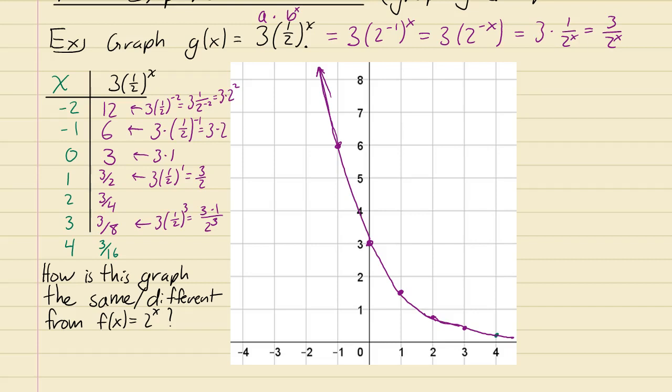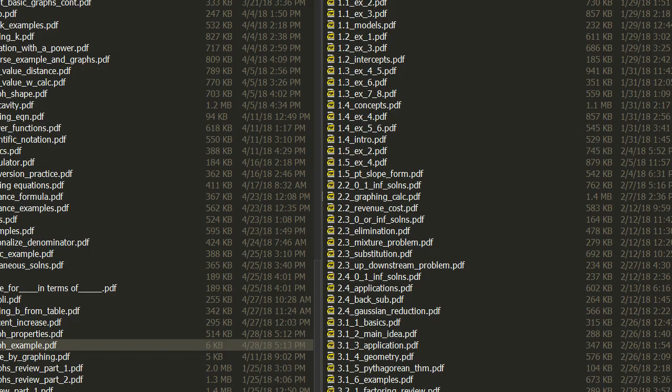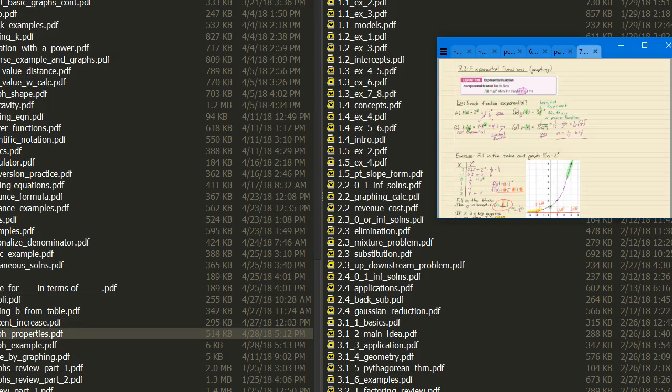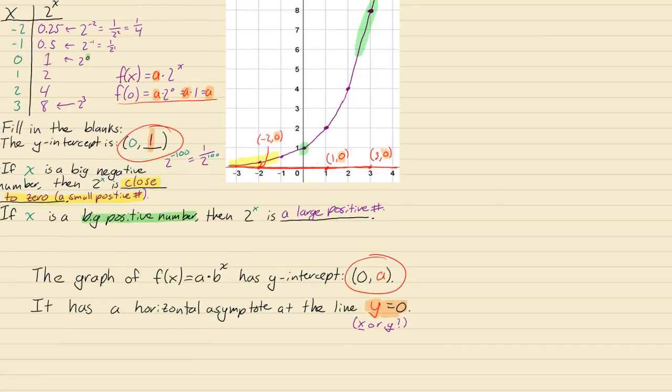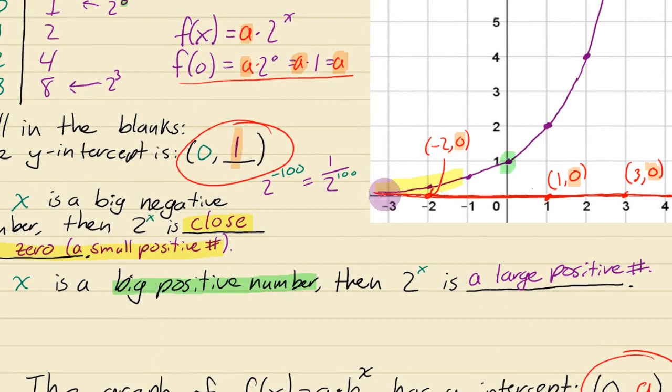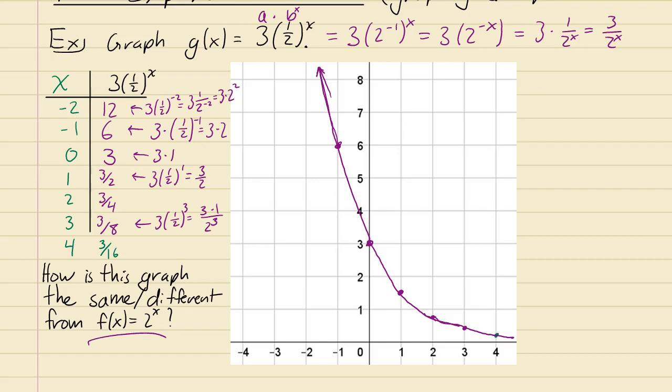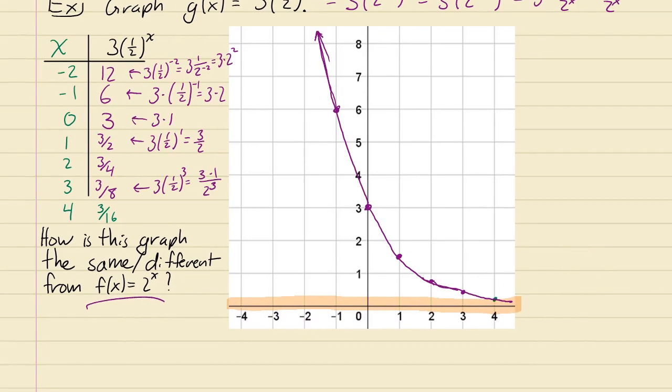And how is this the same as or different from the graph from the previous video of f of x equals 2 to the power x? Let's look at your notes from there. One of the things we said was that it had a horizontal asymptote at y equals 0. The x-axis is a horizontal asymptote. That is also true here, the line where the y-coordinate is always 0.